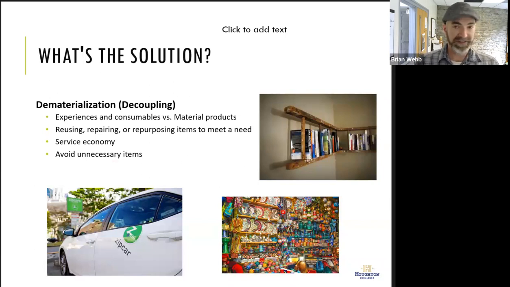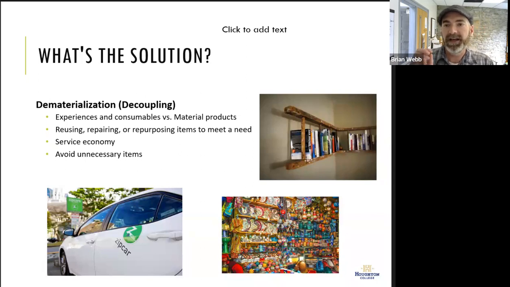But the short of it is that the answer to these consumption problems, consumption is driving environmental impact, and this endless growth idea that our economy needs to grow endlessly is not at all sustainable in the long run. The solution to that, ultimately, is something called dematerialization. Your book refers to it as decoupling. It's the same concept.